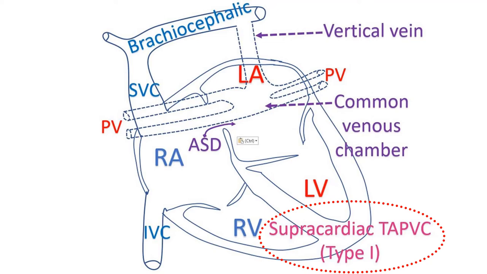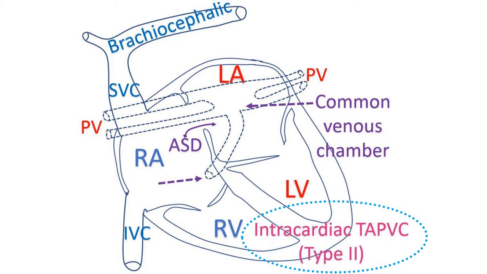As the name implies, it runs vertically upwards from behind the heart to a blood vessel returning blood from the upper part of the body, known as brachiocephalic vein. This vein then joins the superior vena cava, SVC, a large vein draining blood from the upper part of the body. SVC in turn drains to the right atrium, the right upper chamber of the heart.